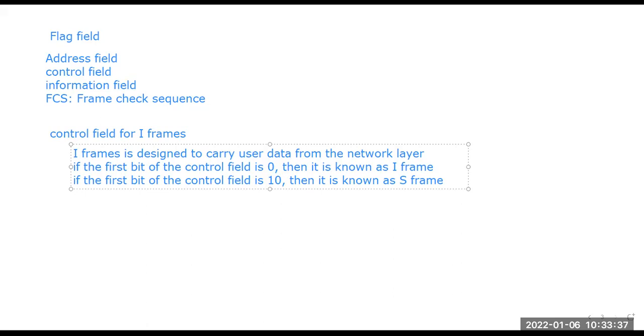So we have started talking on SDLC with the very first point, that is PPP, point to point protocol. This PPP is the common protocol for point to point access.